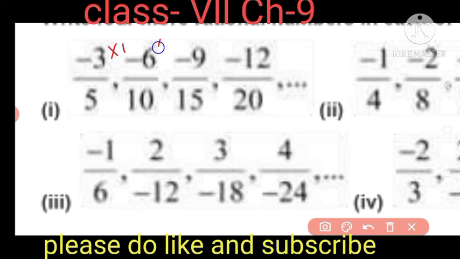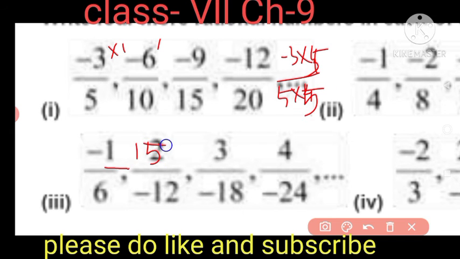Then next, what do we have to do here? We have to multiply minus 3 into 4 and 5 into 4. Oh no, here next will be 5. That means minus 15 upon 25, and next will be minus 18 upon 30.